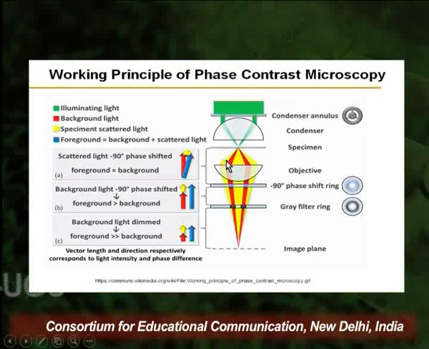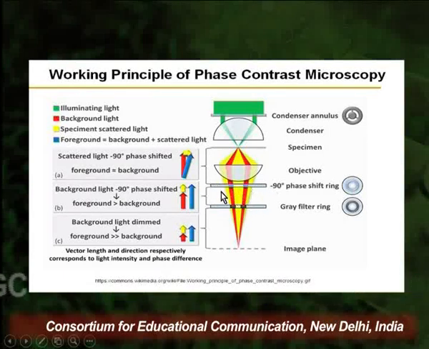This changed phase of the light passing through the specimen is further focused with the help of the objective lens. This objective lens again has a phase plate attached to it.